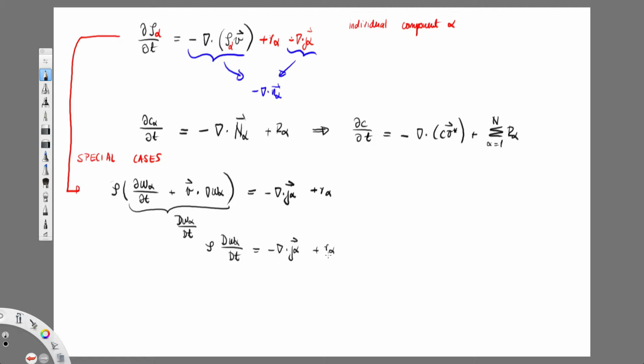So in case of a binary mixture, and also a dilute system at constant pressure and temperature, in that case, my rho DAB is approximately constant.